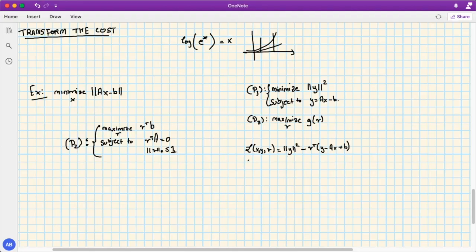Okay, now if I take the infimum, so g of nu is the infimum over x and y of L(x, y, nu). First, let's take the infimum over x.